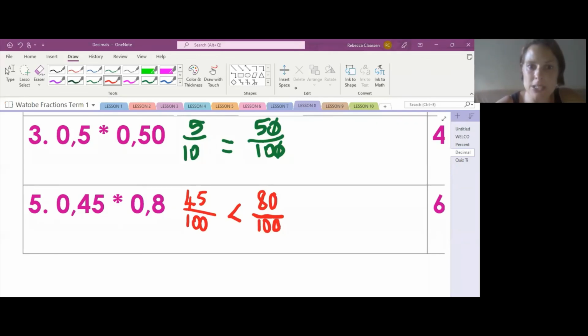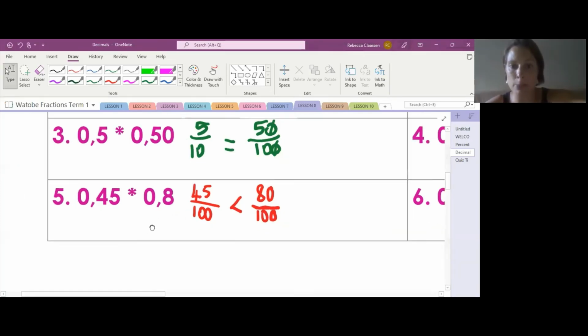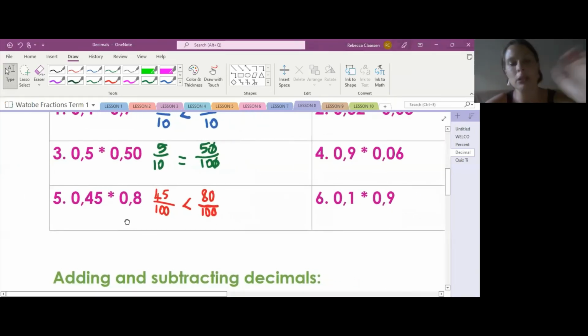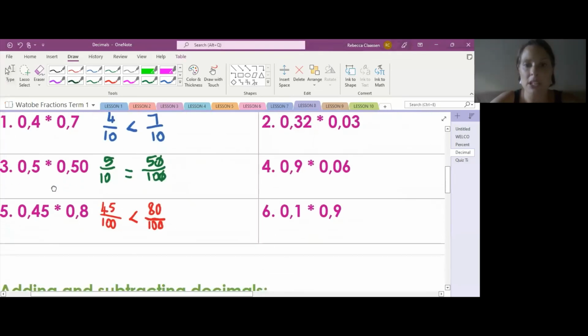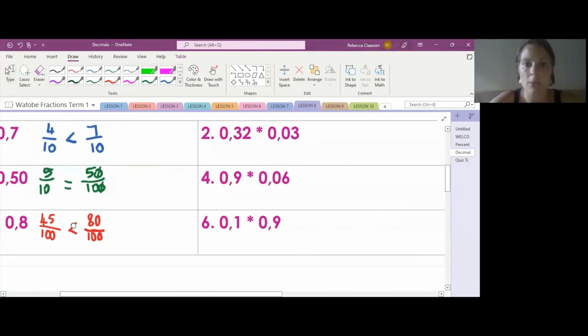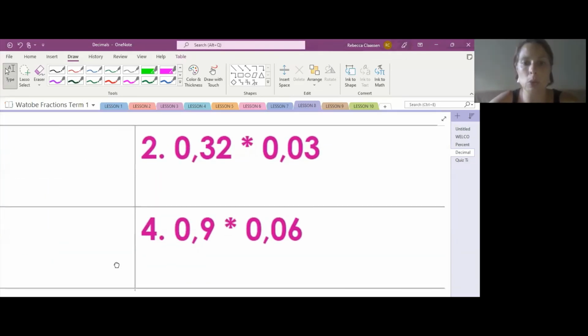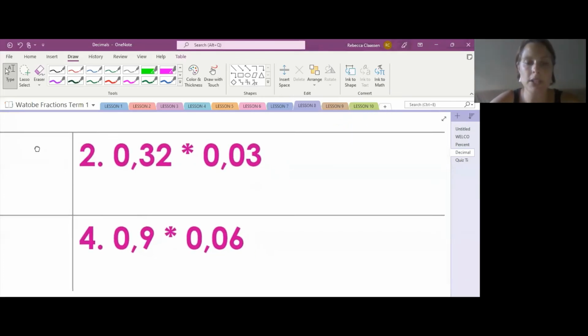We need to think back to grade 6 for comparing, and have a look in your textbook as well. That'll also help you. There'll be some explanations in your textbook. Okay, let's have a look at number 2.